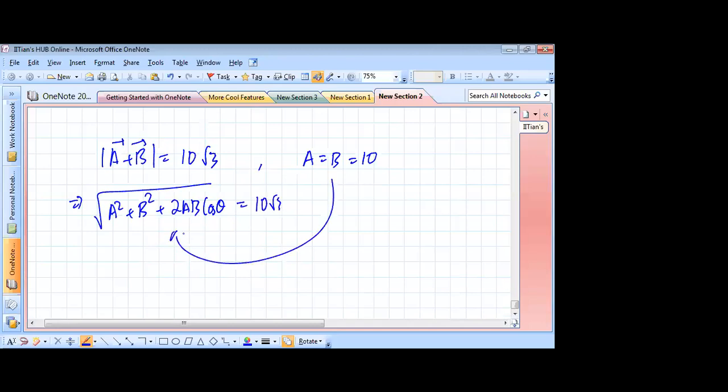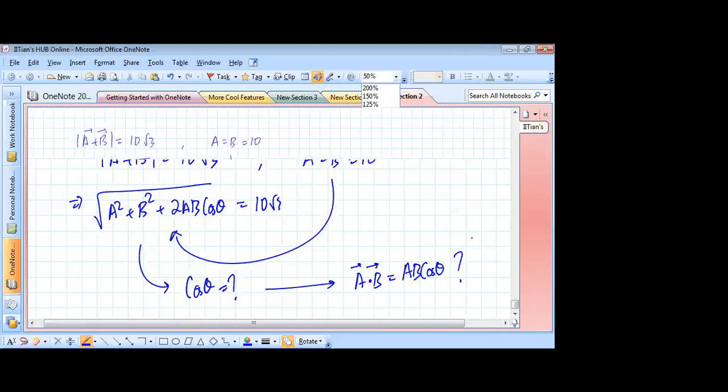Substitute the values and you will find cos theta. Cos theta will come out to be 0.5. Then A dot B is AB cos theta, so 10 into 10 into half, which is 50. That should be the answer. This is what we have to do in this particular question.